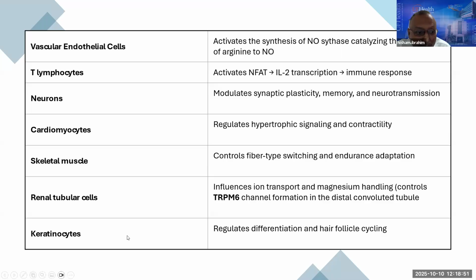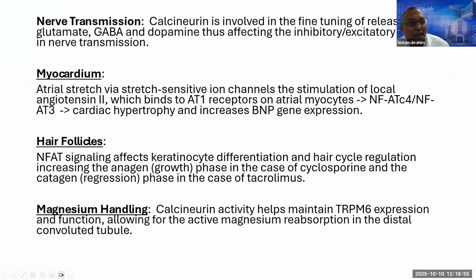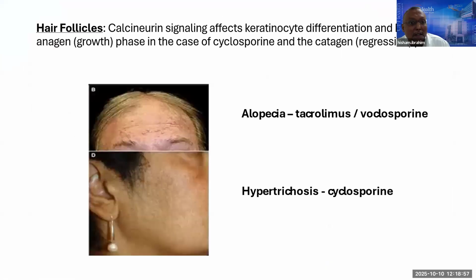Then we have keratinocytes. This is why you have hair loss and hair growth. In the hair follicles, there's a protein that's produced which controls hair growth, and the anagen phase, the growth phase of the hair cycle, is affected.